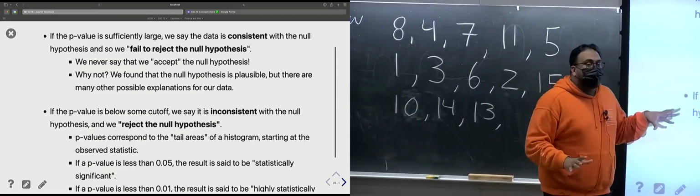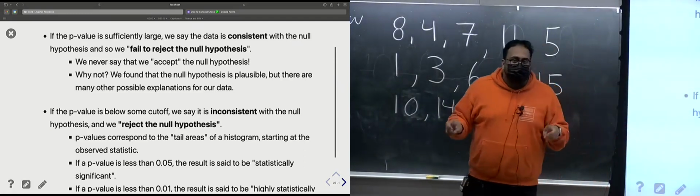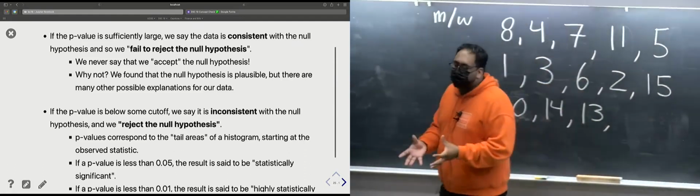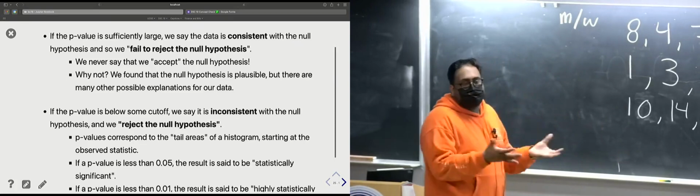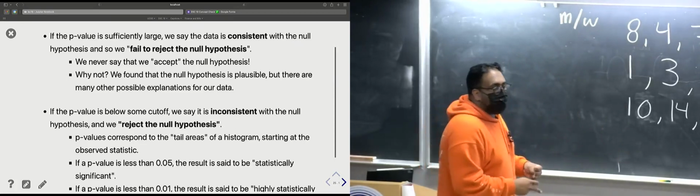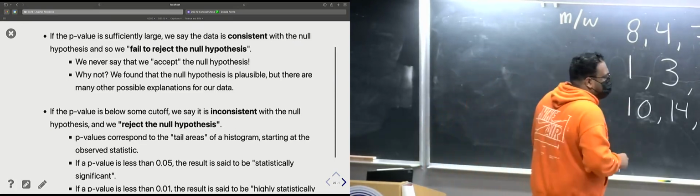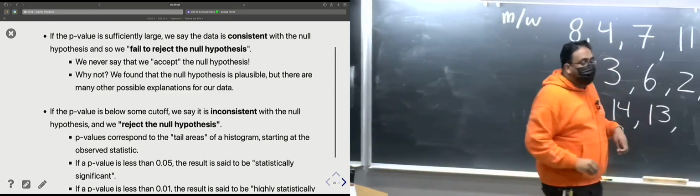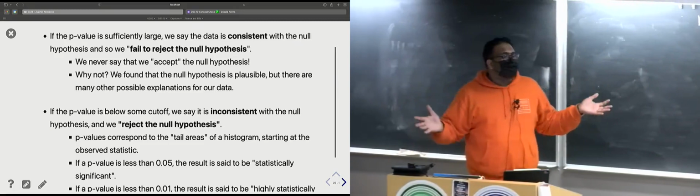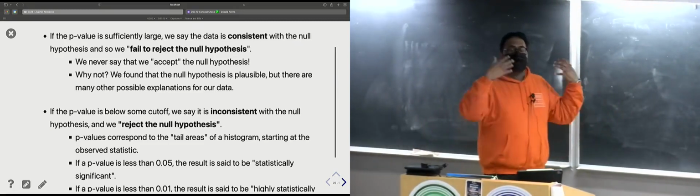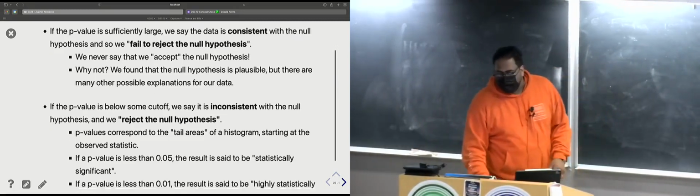We don't accept anything because we truly don't know how the universe works. Right? All we have access to is data in a sample, and there are a variety of reasons for why the data looks like it did. Right? So it's kind of semantic, but we always say we failed to reject the null rather than accept the null. Because there are other possible reasons other than the null hypothesis for why the data looked as it did.